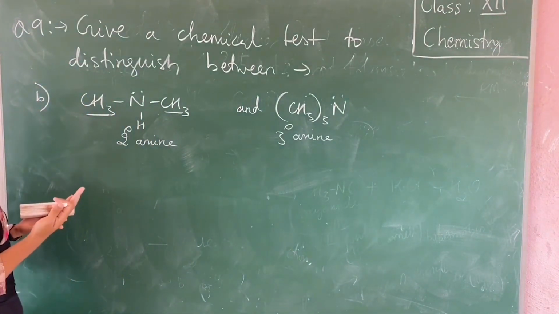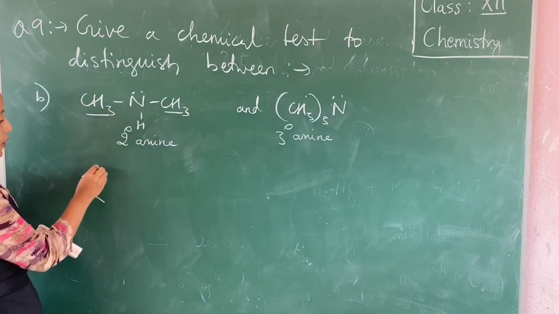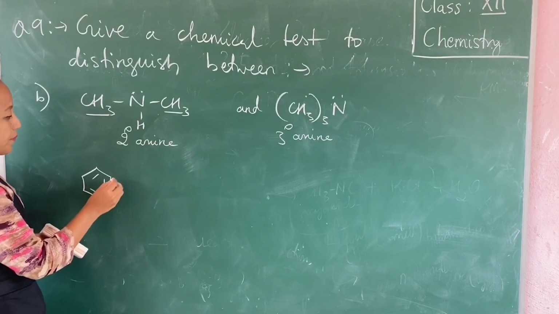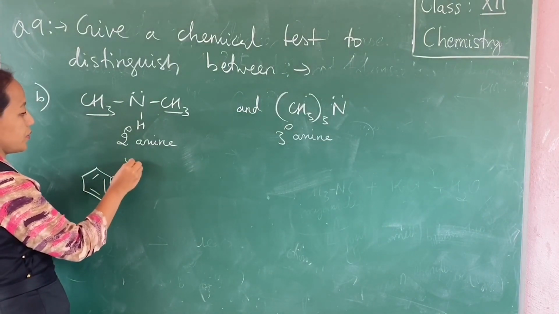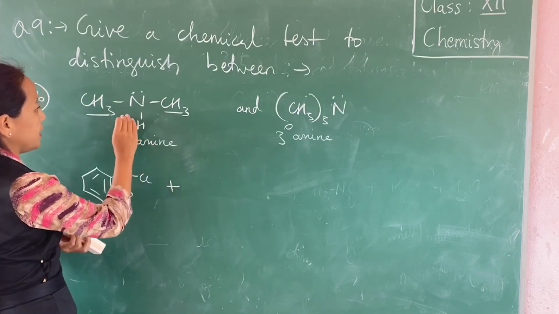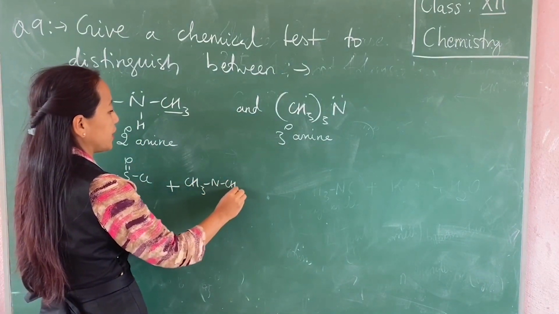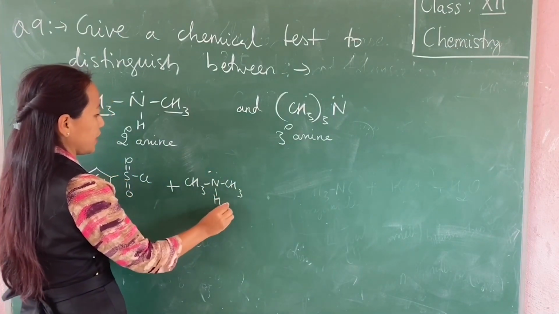So in this case, let me take a reaction with aryl sulfonyl chloride. Aryl means benzene ring, and then you have S double bond O, Cl. When it reacts with the secondary amine, that is CH3, N, CH3, and the hydrogen atom.